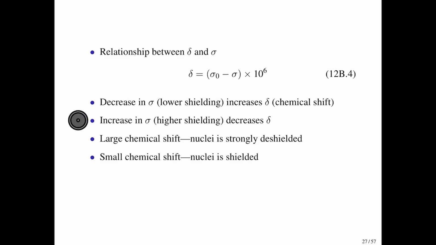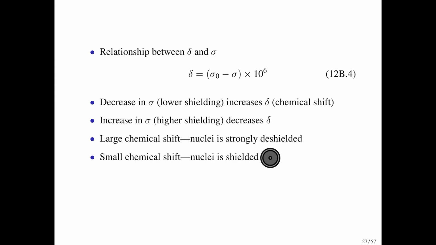Conversely, if you have a nucleus that is very shielded, that has a particularly large value of sigma, that's going to cause it to have a smaller chemical shift. So depending upon the amount of shielding on a given nucleus, you'll find the resonance appearing at either larger or smaller ppm values. When we have a large chemical shift, we say that the nucleus involved is strongly deshielded.